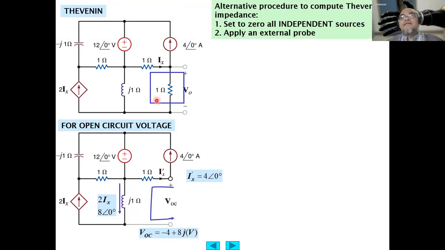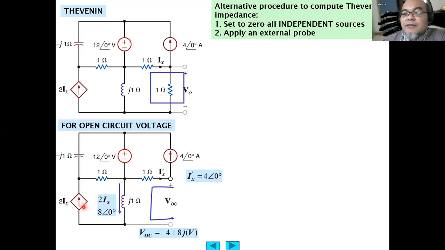The alternative procedure to compute the Thevenin impedance is to set to 0 all independent sources. In this case, we short circuit the independent voltage source here and open circuit the independent current source here.